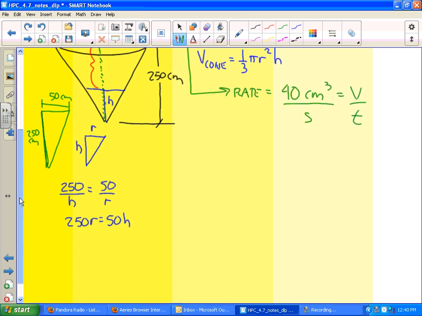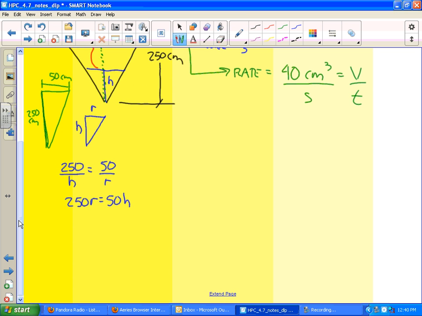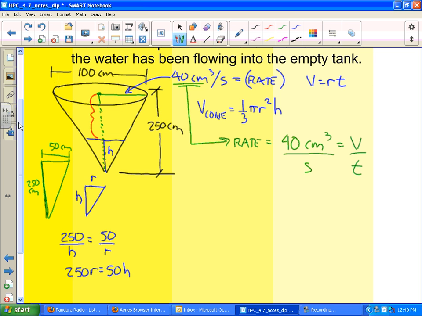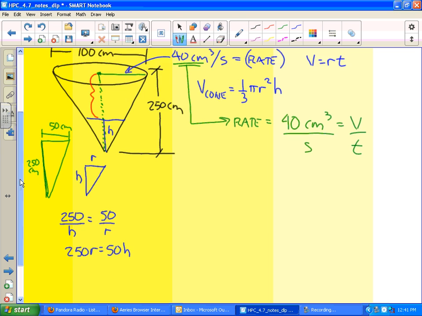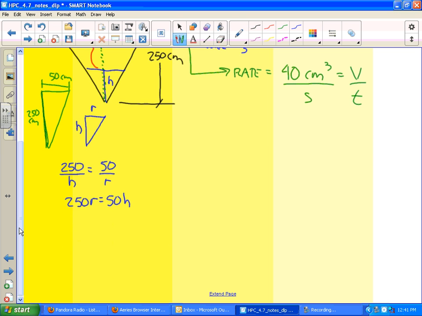So I want to solve this for R so that R's become H's, so that in my equation V equals 1/3 pi r squared h, that becomes an H. And over here for volume, I have a 40 thing going on. So we solve this for r, and I'd have r is equal to what Jeff just said, 1/5 of the height.